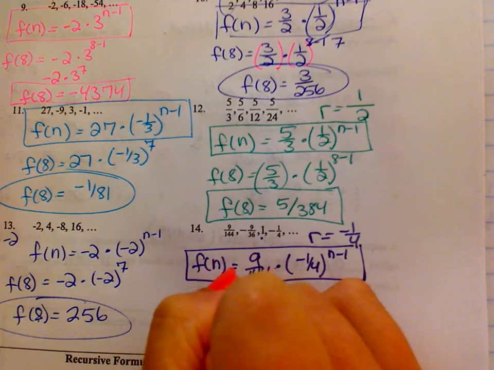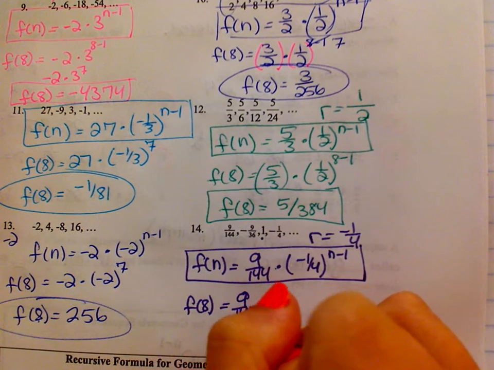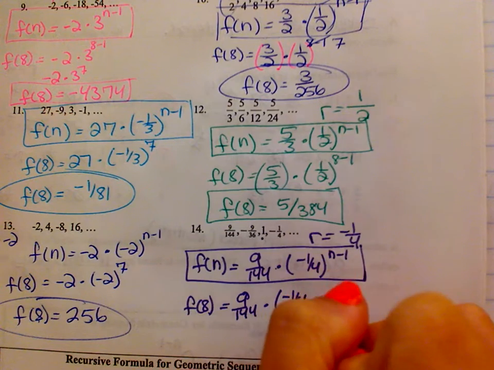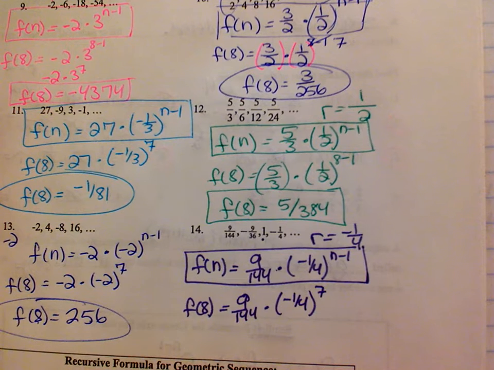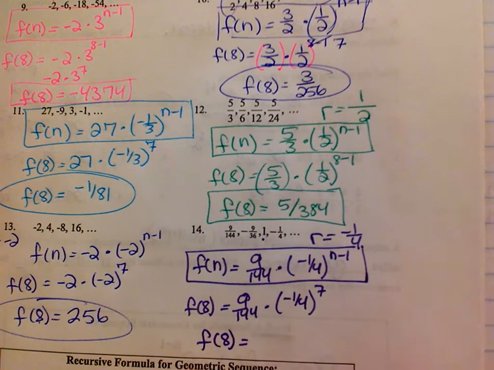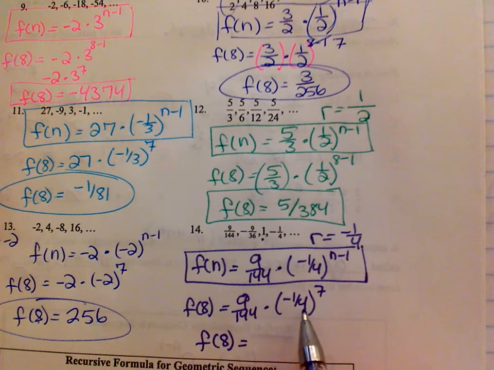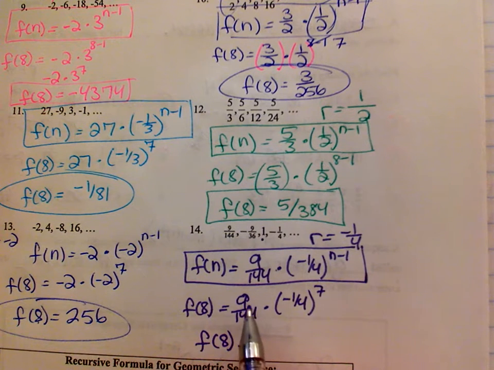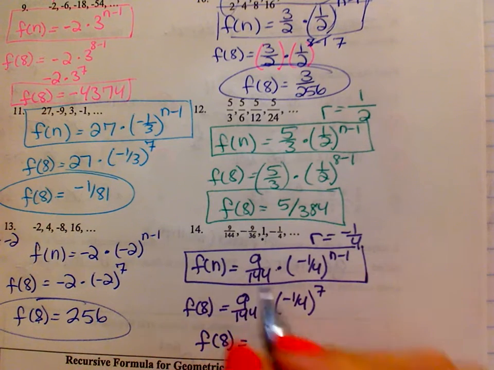And then when we have to use it to get the 8th term, 8 minus 1 is 7. For this, you might have to do separate parts in your calculator. If I remember correctly, it doesn't really like you. So you might have to do the -1/4 to the 7th part, write that down, and then multiply straight across separately your numerators and denominators.